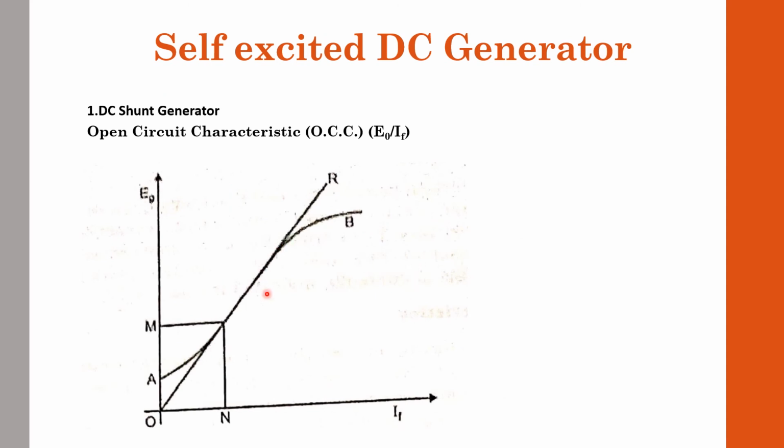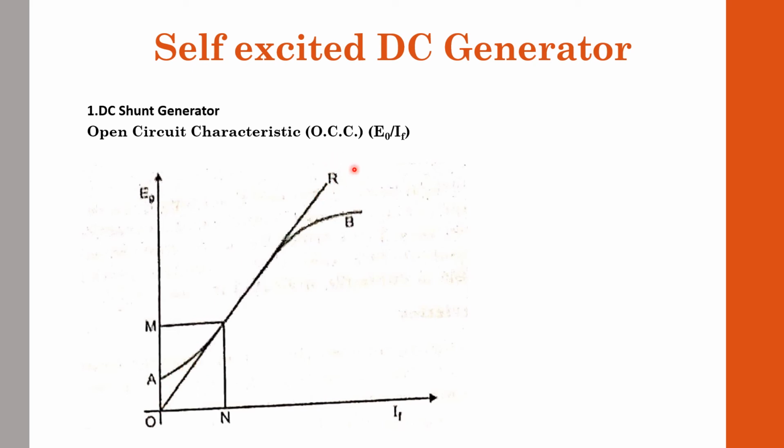And this is the self-excited DC generator. The first type is the DC shunt generator. This is the open circuit voltage. Again, I should plot the open circuit characteristics curve between EG and IF. If I am increasing my IF value, the EMF gradually increases.